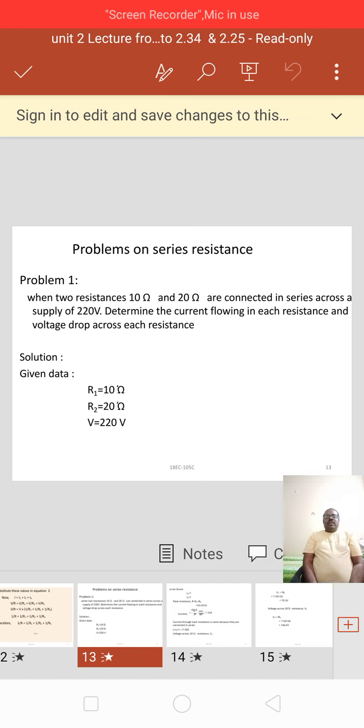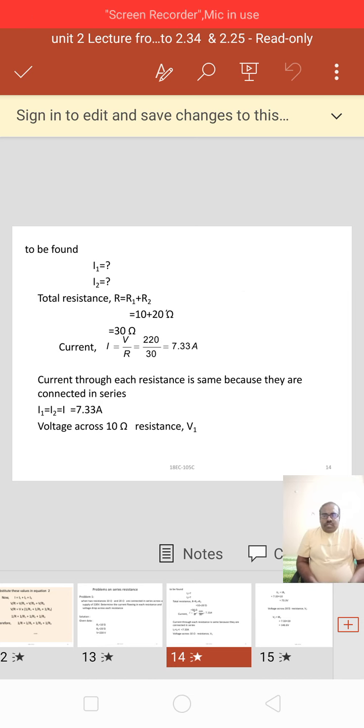That is the given data: R1 equal to 10 ohm and R2 equal to 20 ohm, with supply voltage V equal to 220 volts. Here in the problem, they are connected in series, so we use the equations for series connection. We need to find I1 and I2.